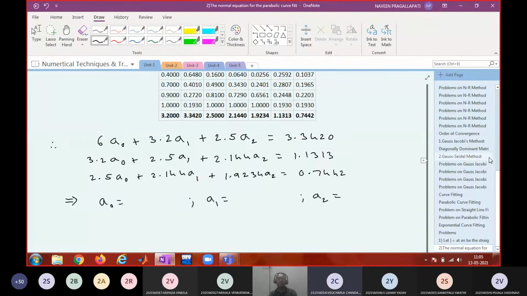$1.035. A0. 1.0357. A1 is minus 1.1468. What about A0?